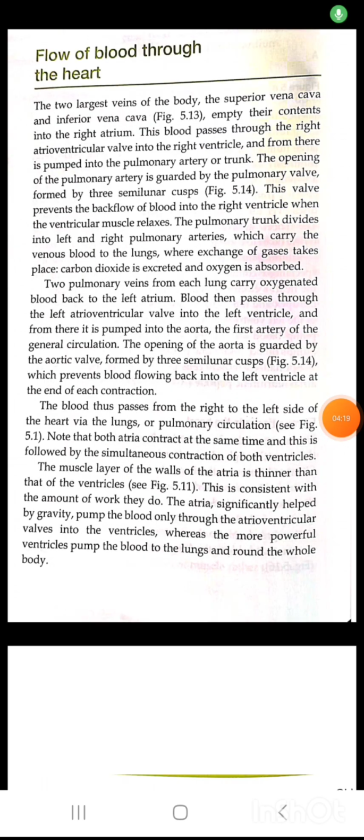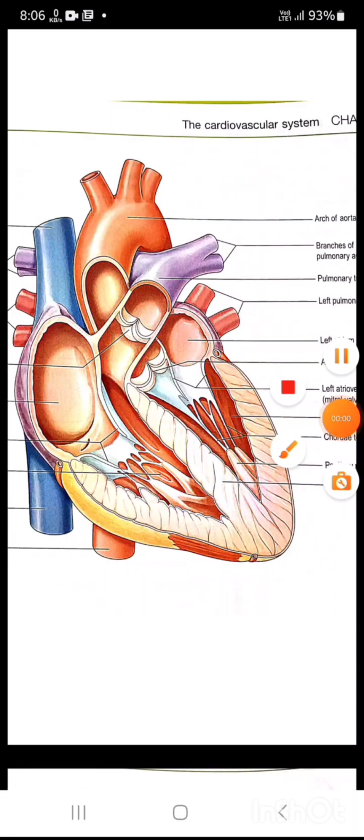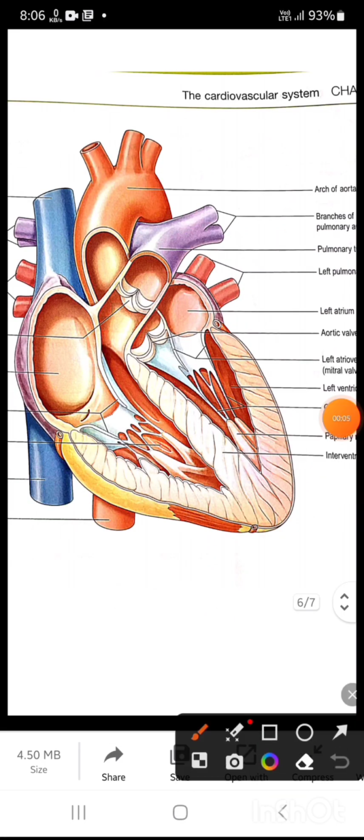The opening of the aorta is guarded by the aortic valve formed by three semilunar cusps, which prevent blood flowing back into the left ventricle at the end of each contraction. So we came into the pictures. Now we will see how from the left ventricle the blood is going into the aorta.